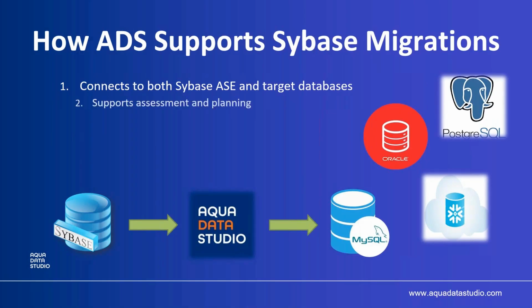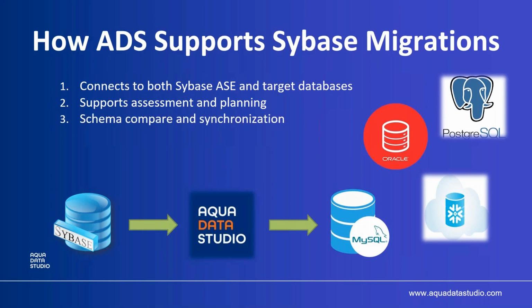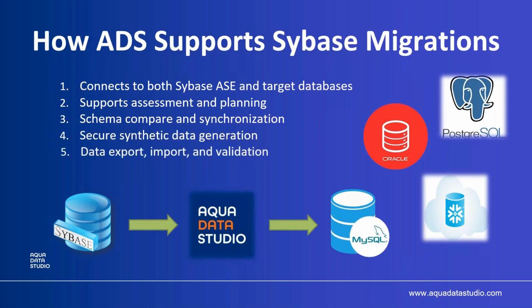You can run assessments on your objects. You can compare schemas, generate migration scripts, and validate the results. You can build synthetic data for testing, so your production data stays protected. You can run side-by-side queries to compare performance and correctness.